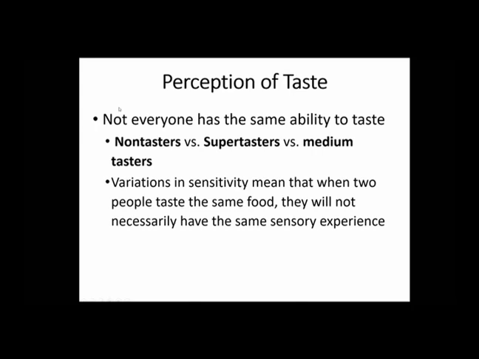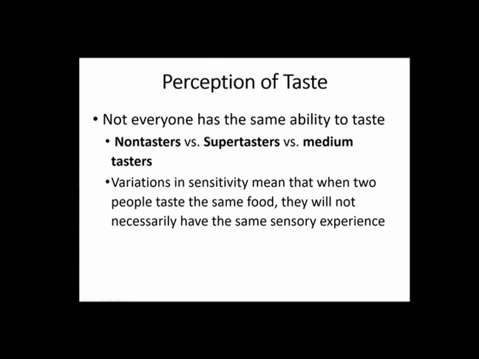And while we're talking about tasting and taste ability, we should talk about the fact that not everybody tastes the same. So we have some people who are non-tasters versus super tasters versus medium tasters. So there are some people who just aren't very sensitive to taste. They could eat the best meal ever prepared, or they could eat a pack of Mr. Noodles and it doesn't really matter to them.